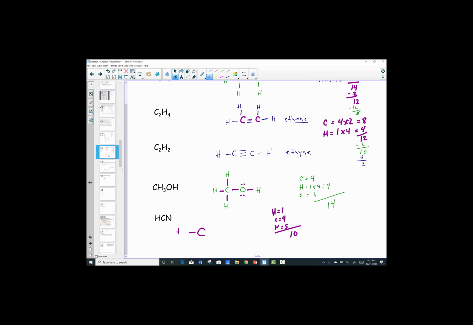We're going to hook together the carbon and the nitrogen, and that used up 4, giving us 6 remaining electrons. Complete the octet on the outside electrons first. That used up 6. There's none left. But here we can see that carbon is electron deficient. It's not done yet.